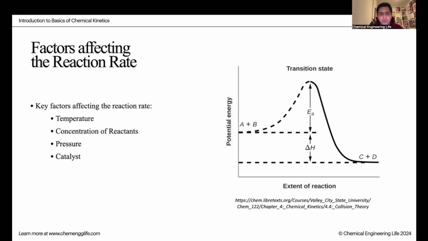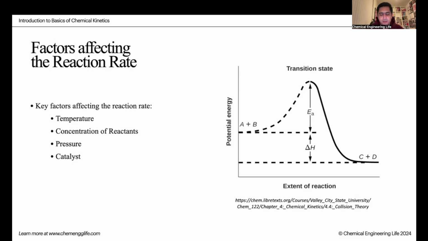Now, obviously, I'll dig deeper when we come to the slide on concentration, but the idea is that if there are more particles in a smaller space, there is a higher probability that they will collide with each other. Imagine you are in a room with two people, in a room of, let's say, 50 square meters.